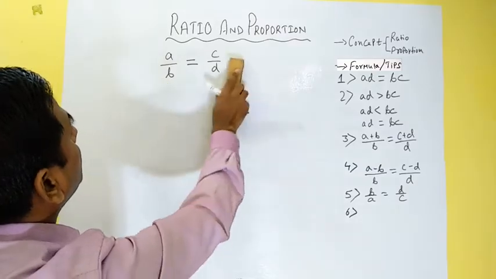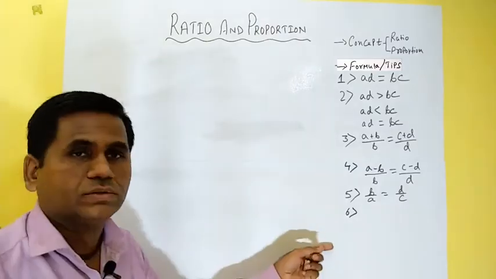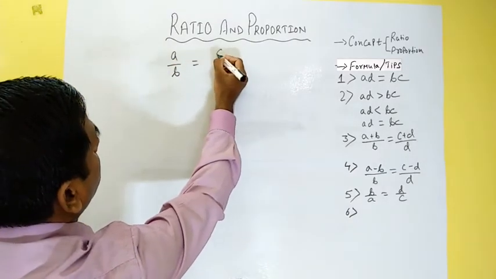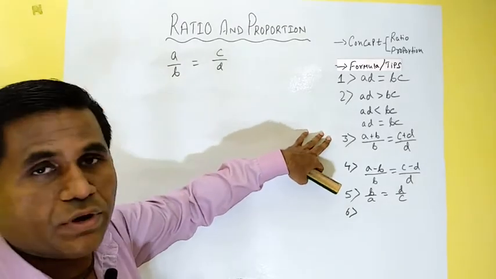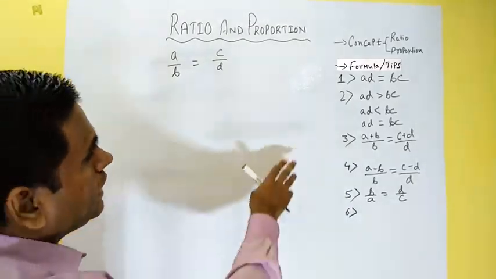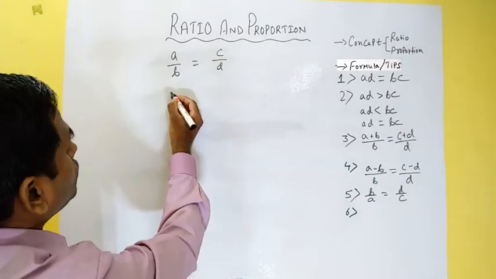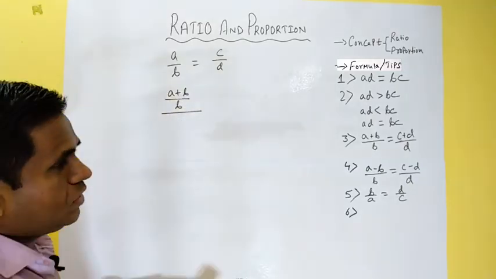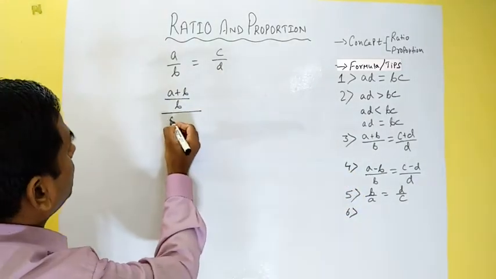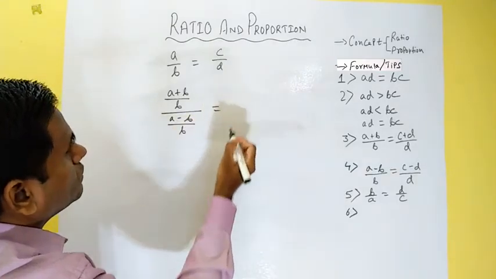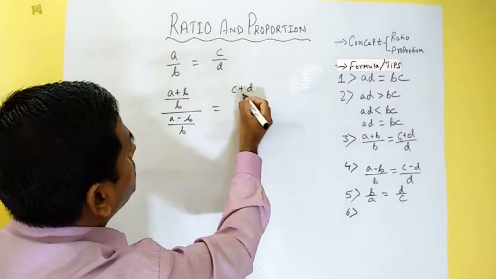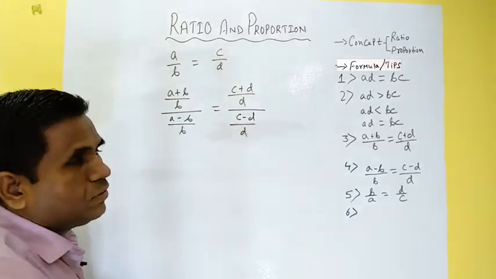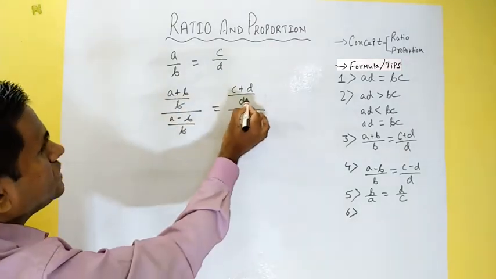Okay, now let us move on to the sixth one. So friends, in the sixth one, A upon B is equal to C upon D. We have learned componendo and dividendo. So what we can do is, we will write like this. Suppose componendo A plus B upon B, then dividendo A minus B upon B is equal to, similarly here, C plus D upon D divided by C minus D upon D. Okay, so you can see here this B is cancelled, D is cancelled.